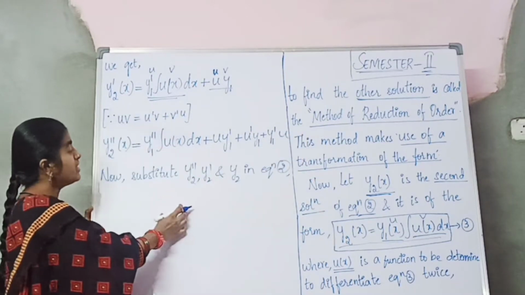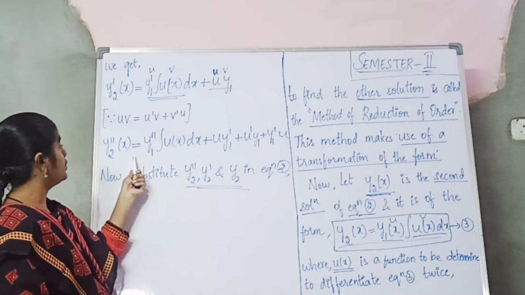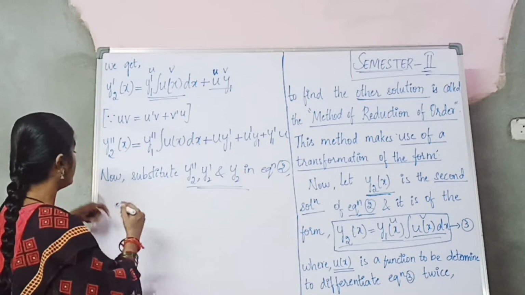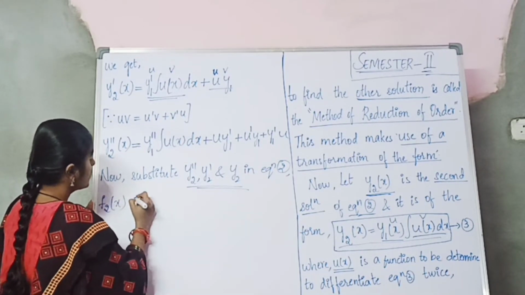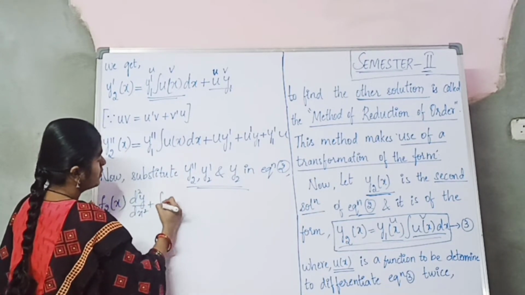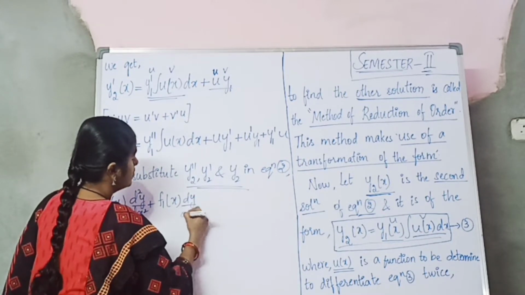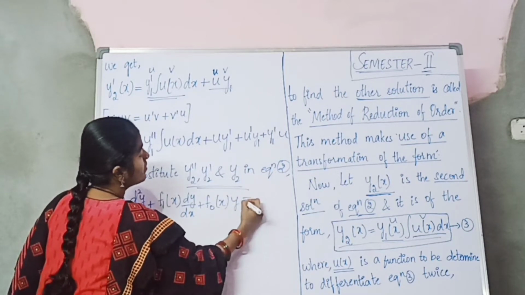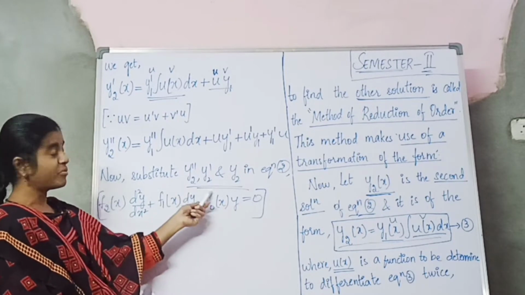Now we substitute these values of y2 double dash, y2 dash and y2 in equation 2, which is f2 of x into d square y by dx square plus f1 of x into dy by dx plus f0 of x into y equals 0.